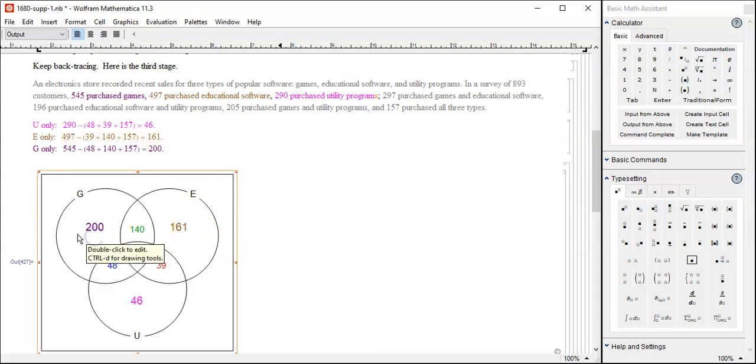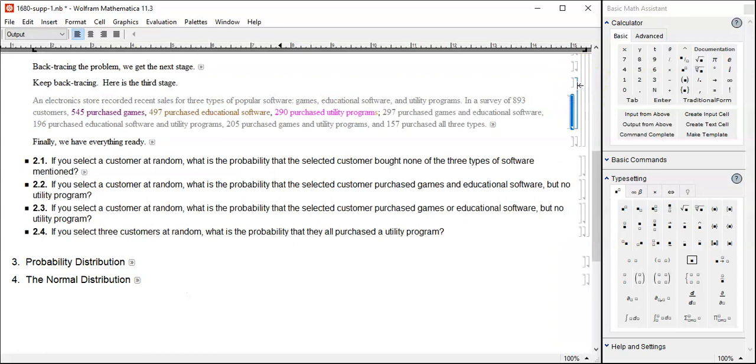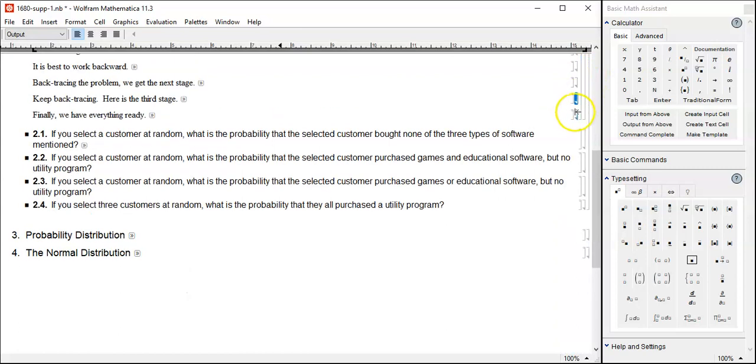And then purple, or some maroon color rather, 545. Among those, 140, 157, 48, they are counted. The total here, this circle is 545. So the subtraction yields 200 right here. So I'm almost there. One more backtracing.